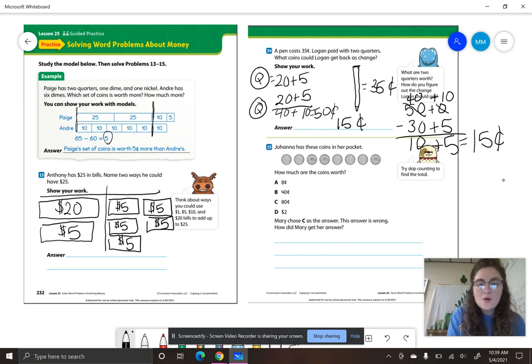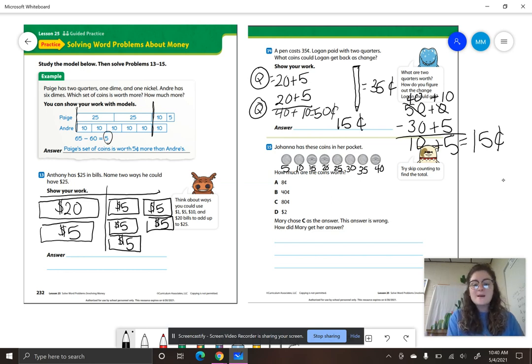Okay, so starting with our first coin, 5 plus 5 more, 10, 15, 5 more, 20, 5 more, 25, 5 more, 30, 5 more would be 35, 40. All right, so which one has the correct answer, Smarties?